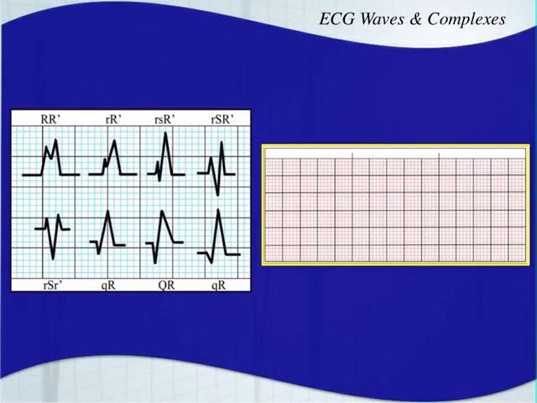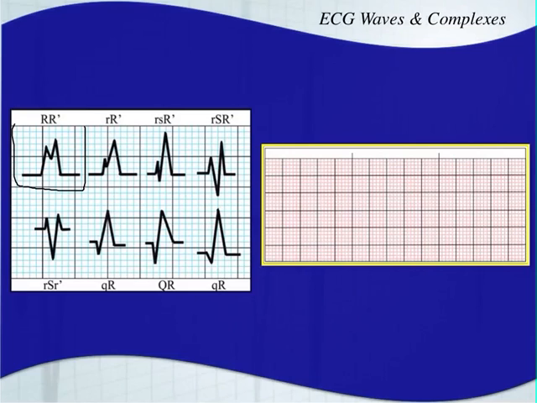Also, the QRS complex itself, okay, does not have to have, as I said before, a Q wave, an R wave, and an S wave. It could have many different shapes and sizes, but it's always showing us ventricular depolarization. Okay, so as you can see over here in this example, this first one would be considered an R R prime, 2 capital letters because both waves are large.